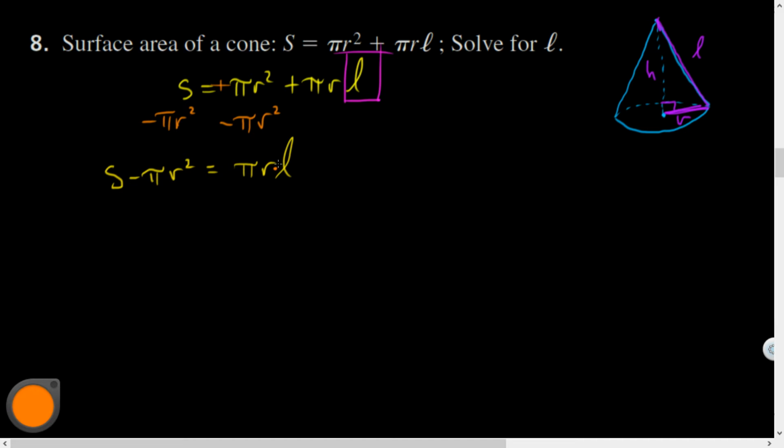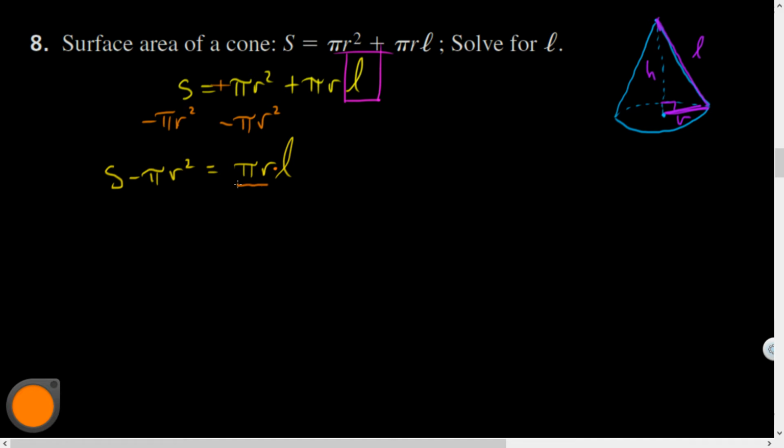I think my students are still writing, which is why they're not guessing. If this was 15L, how could I get rid of the 15? You would divide. I like it. I knew someone would know.